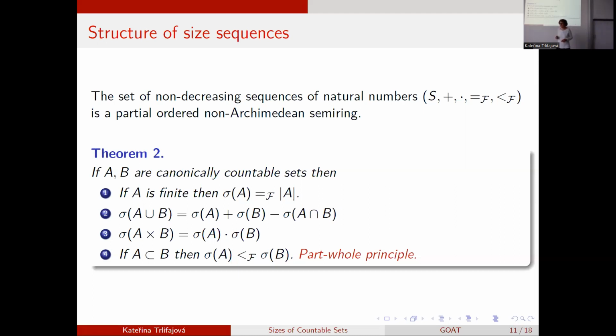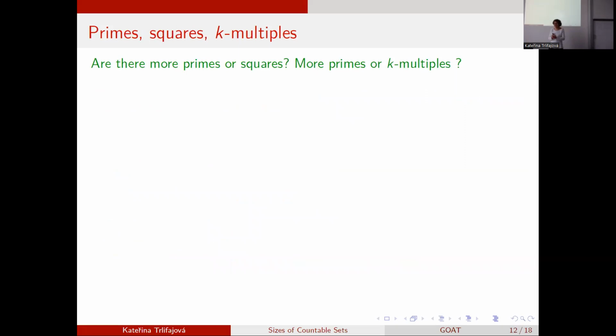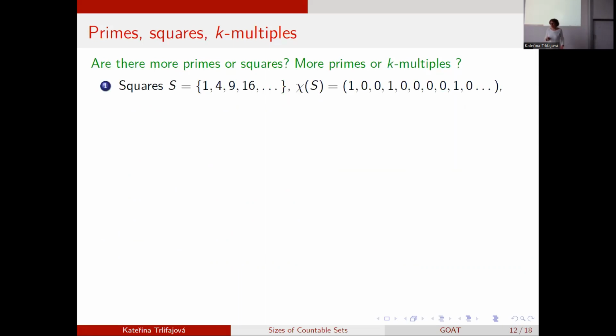So, for instance, we ask: what do you think? Are there more primes or squares? Or more primes or k multiples? More primes. Of course, it depends on the density of these primes and squares among natural numbers.